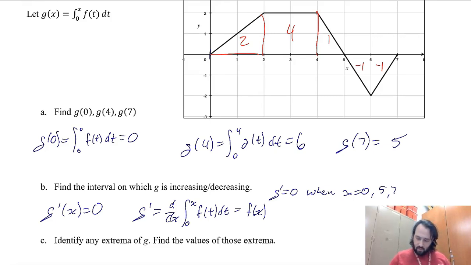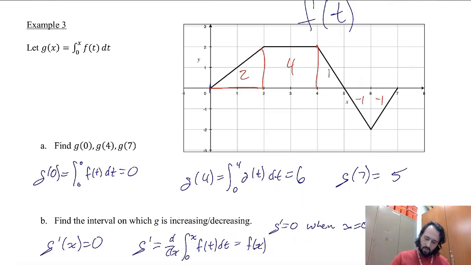So if I'm thinking about my areas, let me make sure I explain this right. Yeah, okay. So an important relationship to recognize is that this graph is also g prime. So my outputs here, this is essentially the graph of my derivative of g, because f was the integral of that.